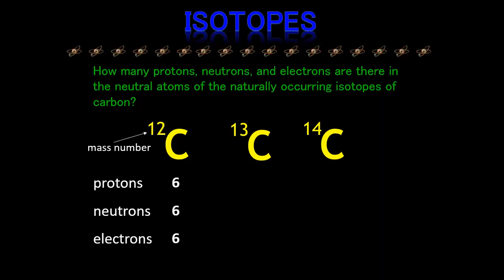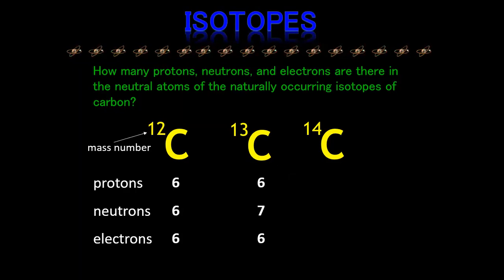Now the next one is carbon 13. It has 6 protons, of course, equivalent to the atomic number, and 6 electrons, and 13 minus 6 is equal to 7, which is the number of neutrons.